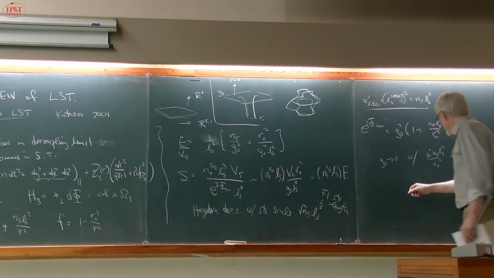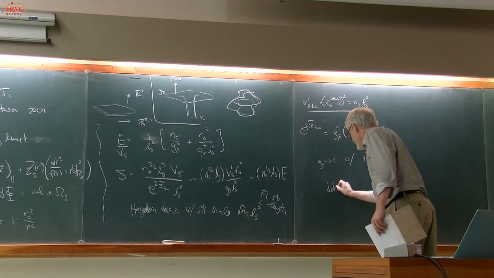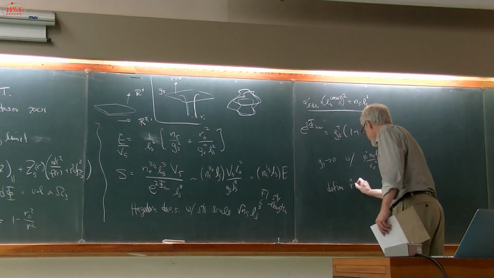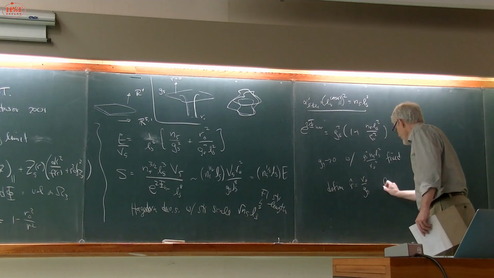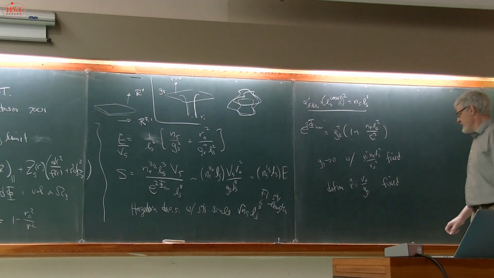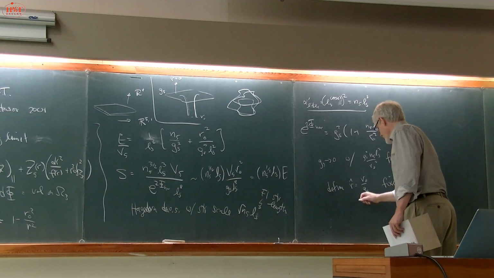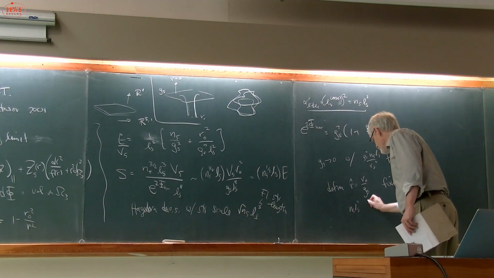I think the way I'd like to say it is that let's define some r hat, which is r naught over G string. That's the scale that we're keeping fixed. And in addition, we're saying that n5 L string squared is fixed.